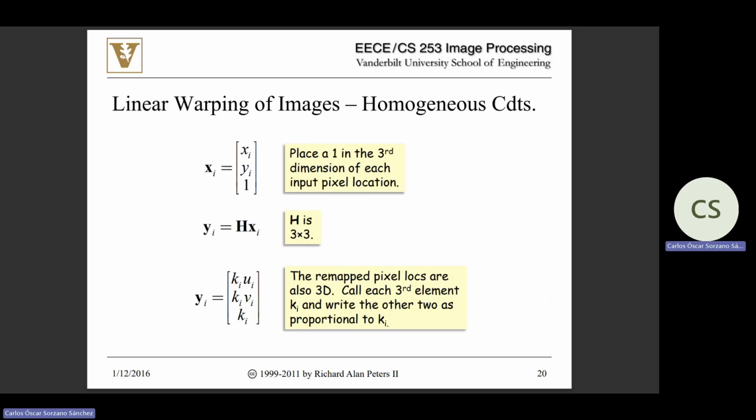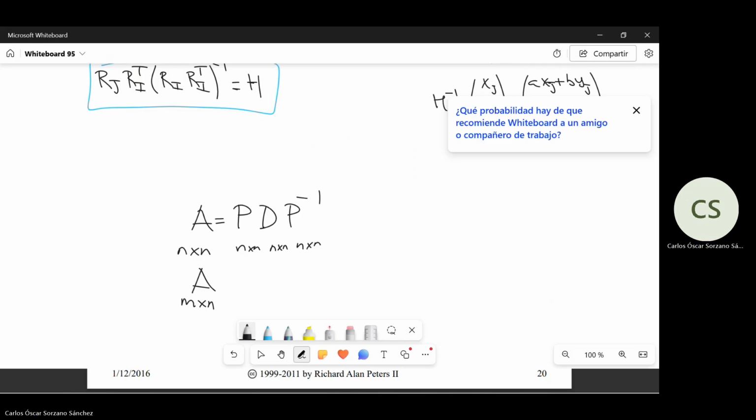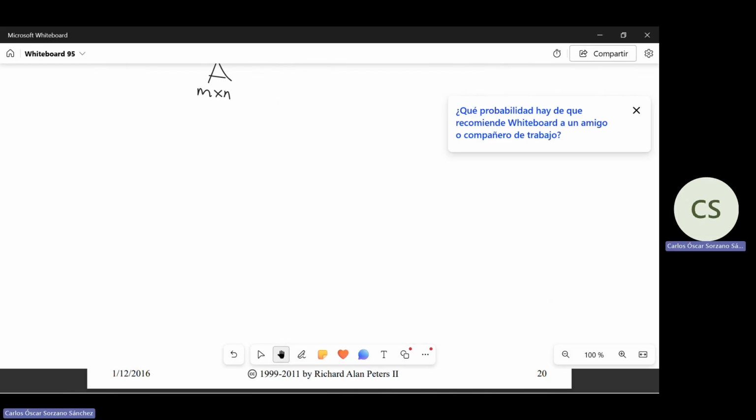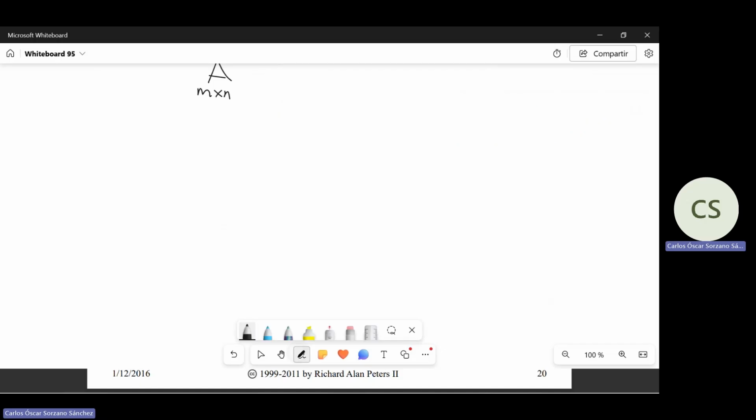So these homogeneous coordinates are the following. Let us represent the homogeneous coordinates with a tilde. So now this will be our coordinate, and I don't specify if it is x, i or j.